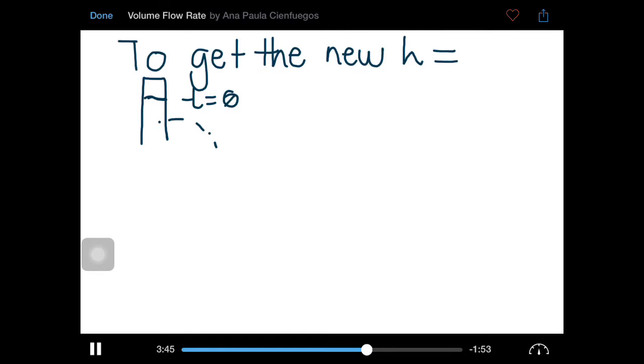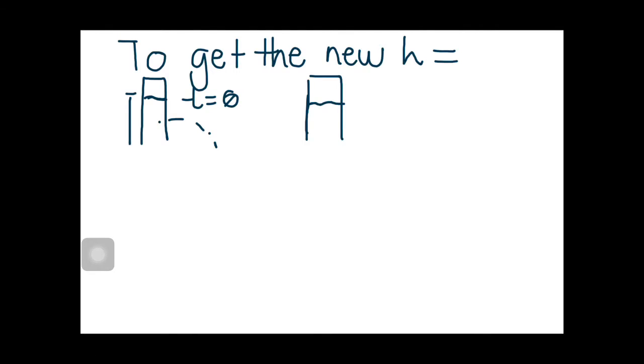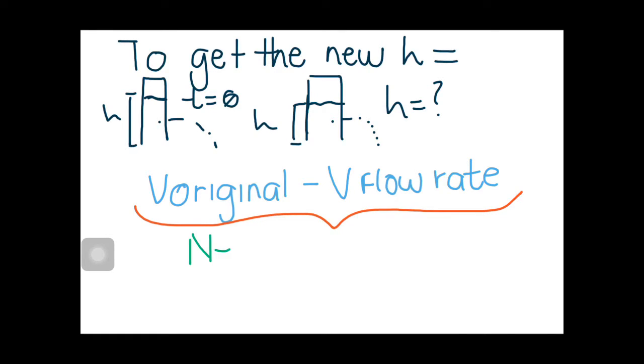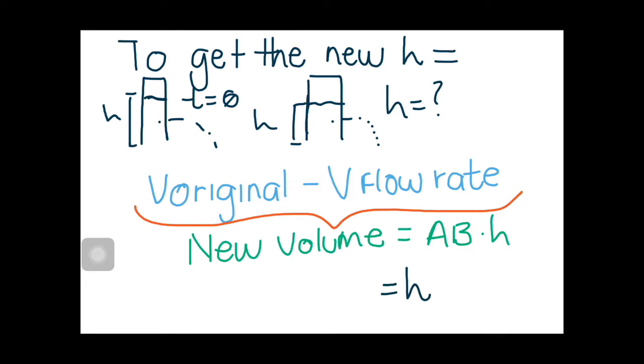Then, to get the new h, that is very important because every 5 seconds it's going to change, as we can see here, it is important to remember the original volume of the tube, because we're going to use it. Here it's the original volume minus the volume flow rate we get, for example, in 5 seconds. With this, we get a new volume, and it's equal to the area of the base multiplied by the height of our tube.